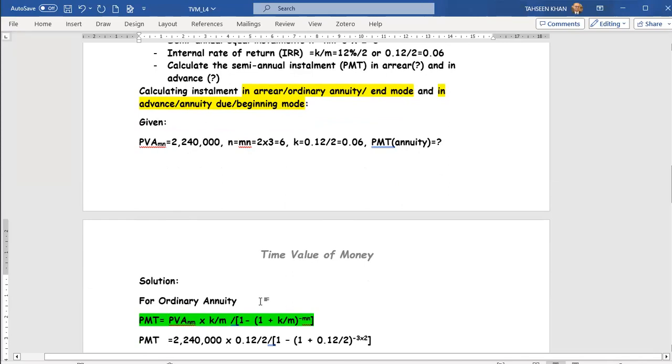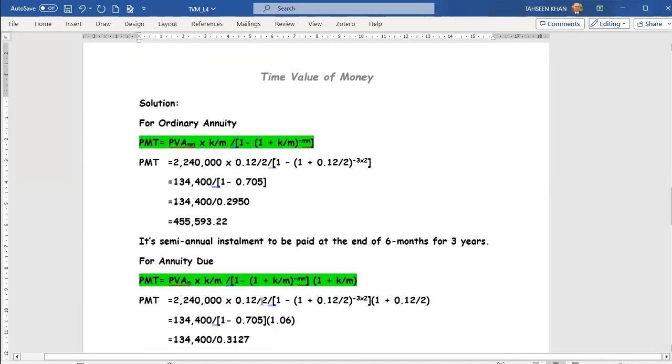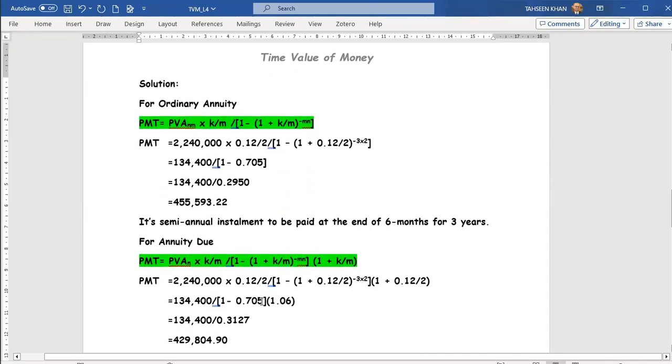Now we are going to calculate it first for the ordinary annuity and thereafter for annuity due. Here we have the formula for ordinary annuity: PMT is equal to PVAMN multiplied by K divided by M, the whole value divided by 1 minus 1 plus K divided by M power MN. So here you put the value of PVAN, that is equal to 22 lakh 40,000.